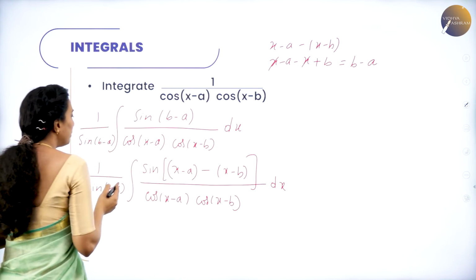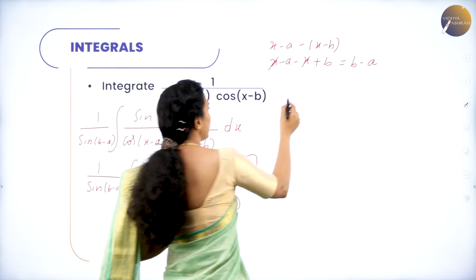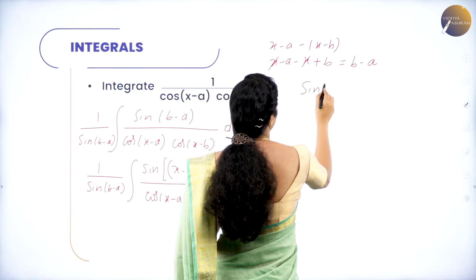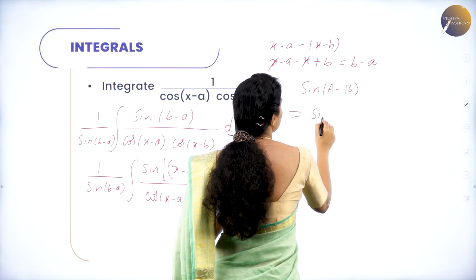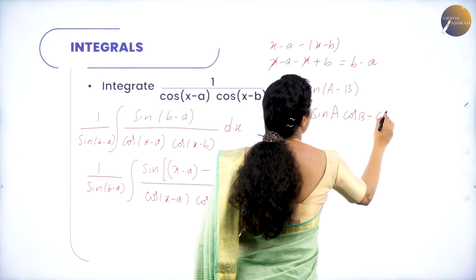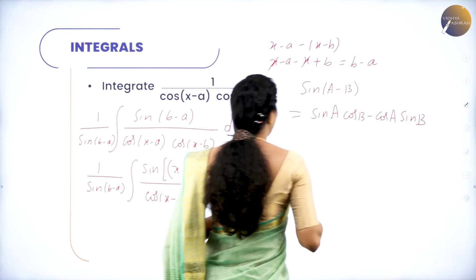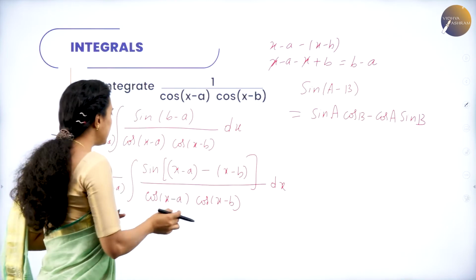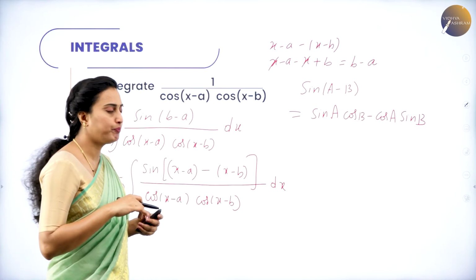Now dears, this is in the form of sine of a minus b. What is sine of a minus b? Sine of a minus b is given by the formula sine a into cos b minus cos a into sine b. Therefore, capital A replaces x minus a, capital B replaces x minus b.